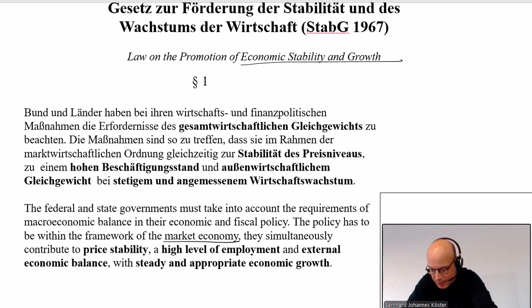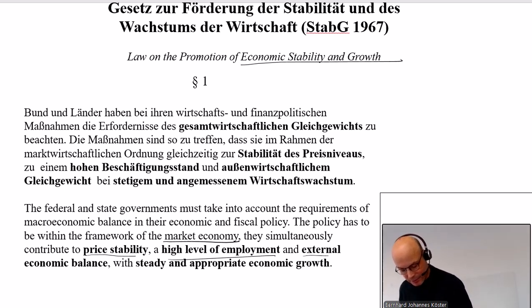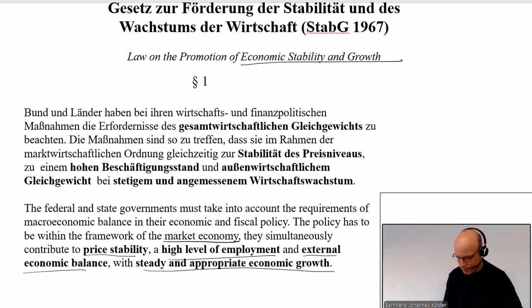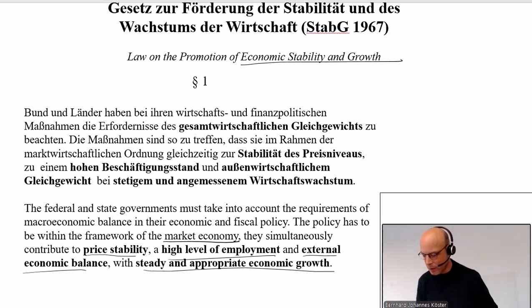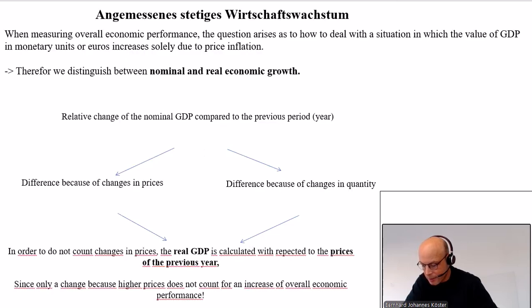They simultaneously contribute to price stability, high level of employment, of course, external economic balance, and a steady and appropriate economic growth. And about these four aims we want to talk in the next lectures, starting with appropriate economic growth.